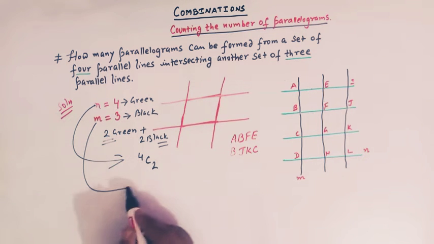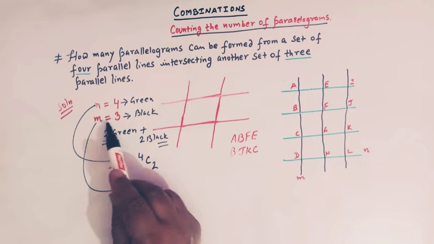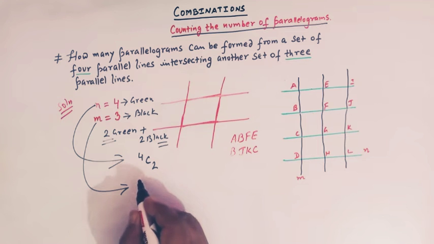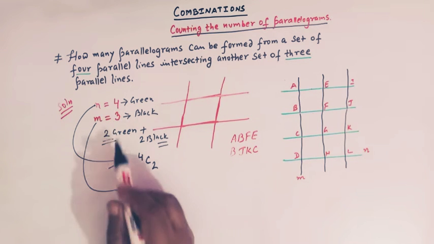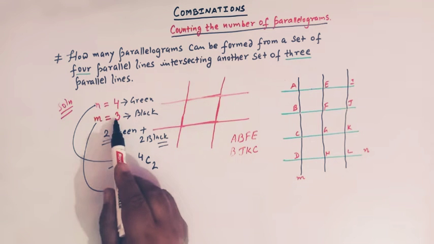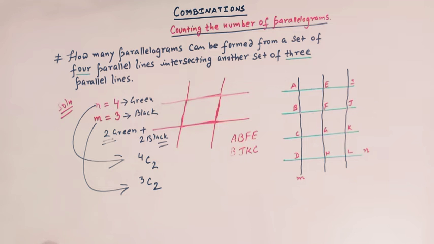And the other 2 sides of the parallelogram will be chosen from these 3 black lines, right? So the number of ways to choose 2 straight lines out of 3 black lines is given by 3C2, right?